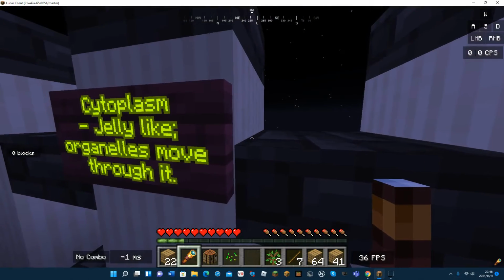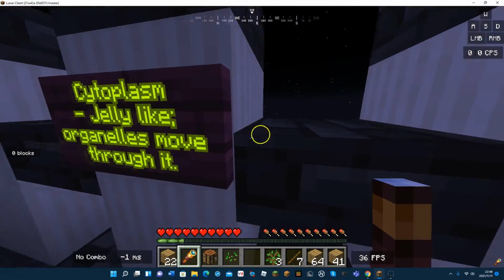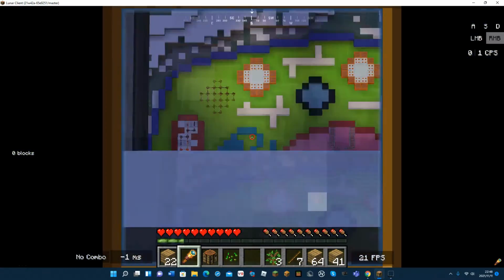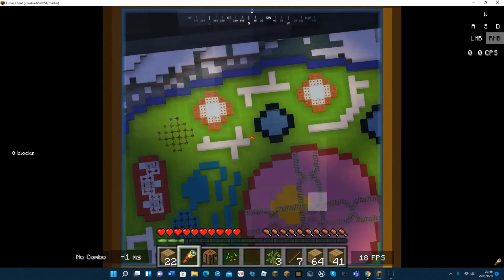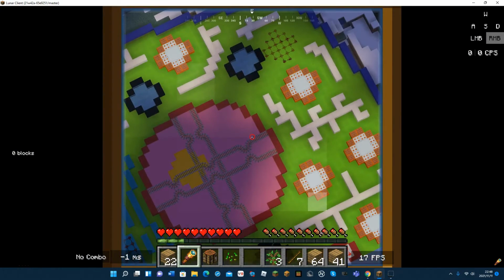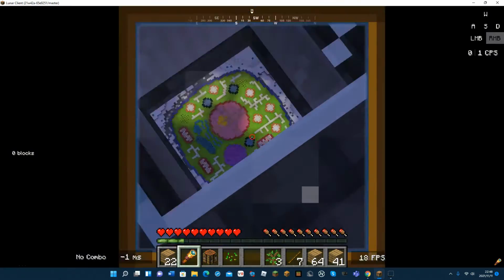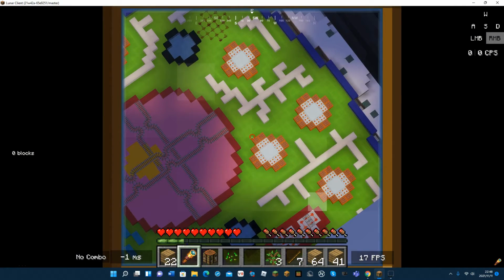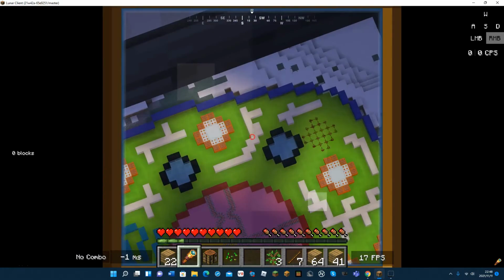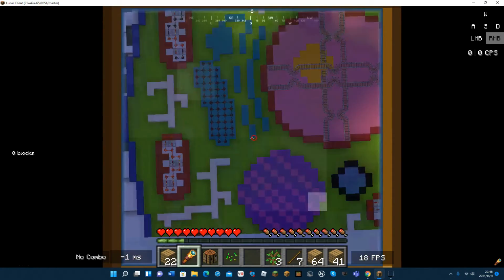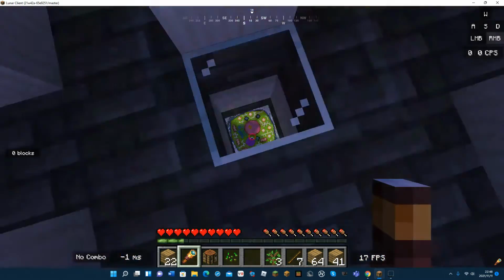Next up, cytoplasm. Jelly-like organelles move through it. So, without looking at the organelles, you just see this green stuff, huh? That is the cytoplasm. The organelles move through it. It is just like the roads of the place.